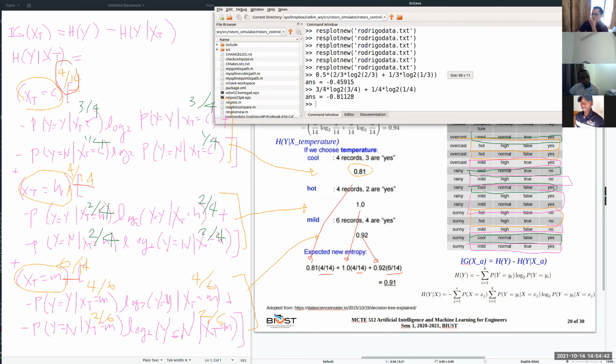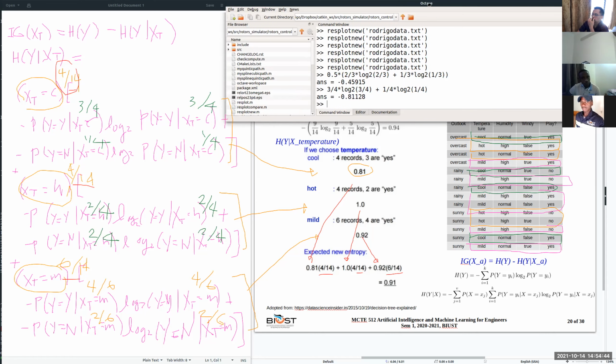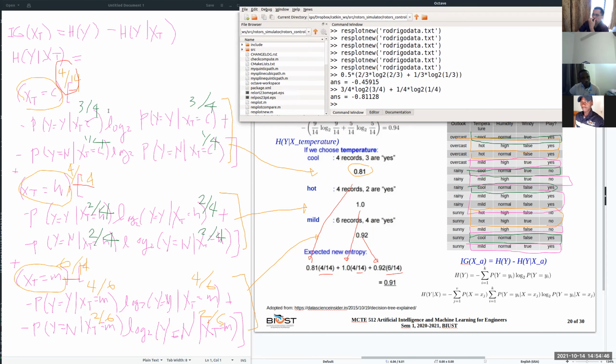So here, 3/4 times log 2 of 3/4 plus 1/4 multiplied by log 2 of 1/4. So that's minus 0.81, but there's a negative in front, so that's 0.81. So next is 4/14 multiplied by log 2 of 4/14 plus 4/14.